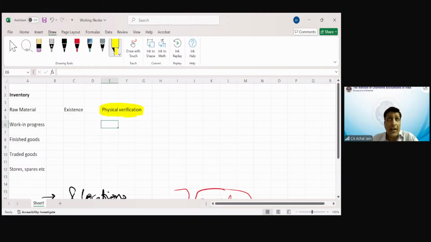Now the question arises: how should this sampling be done to begin with? Over to you. Any thoughts? I'm sure some of you may have actually done this physical verification for some of the entities. So how do you think this physical verification should be planned? What will become the basis?